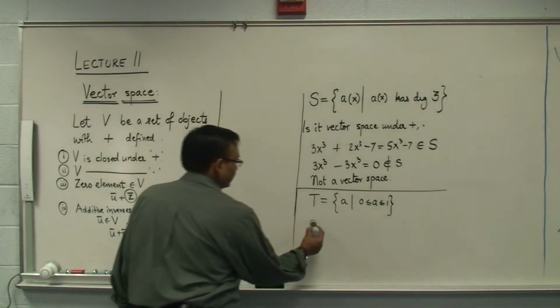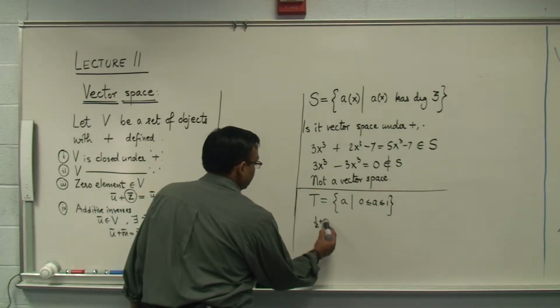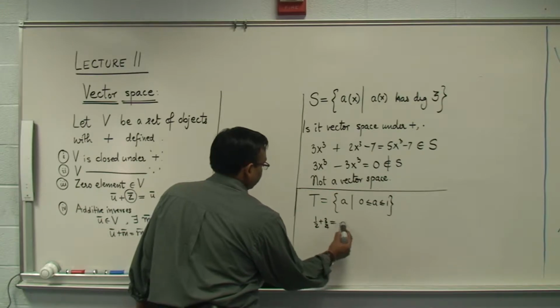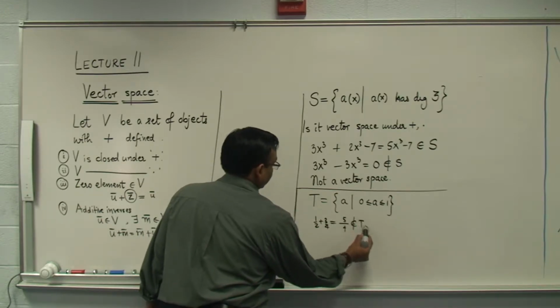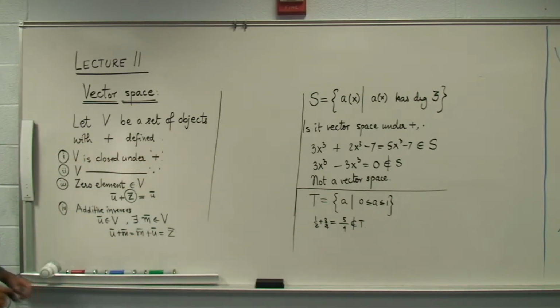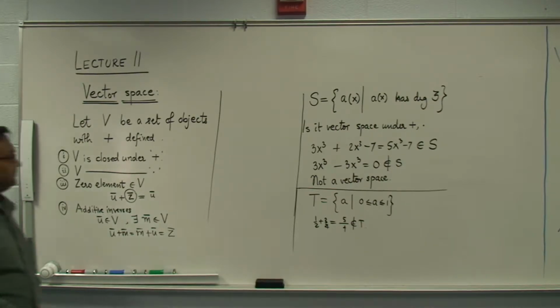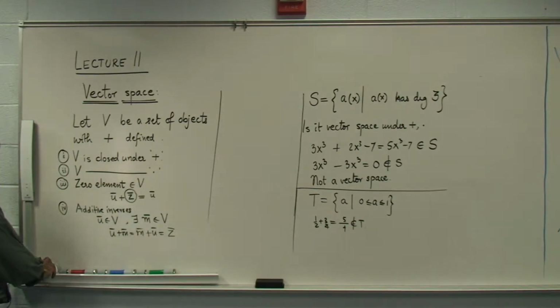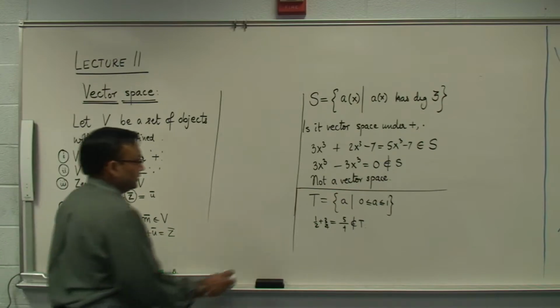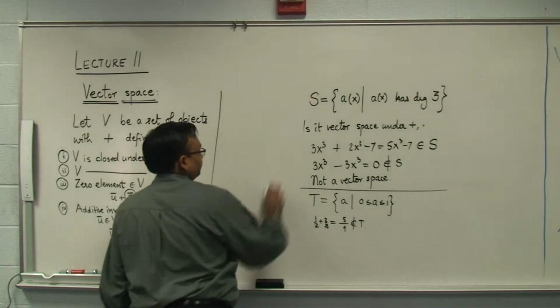Then this is not a vector space, because if you take 1/2 plus 3/4, which will give you 5/4, which does not belong to T. So you started with two objects which were in T, but the sum of those objects is not in T, and hence it is not a vector space. So keep both kinds of examples in mind, and this will help you understand the concept a little better.